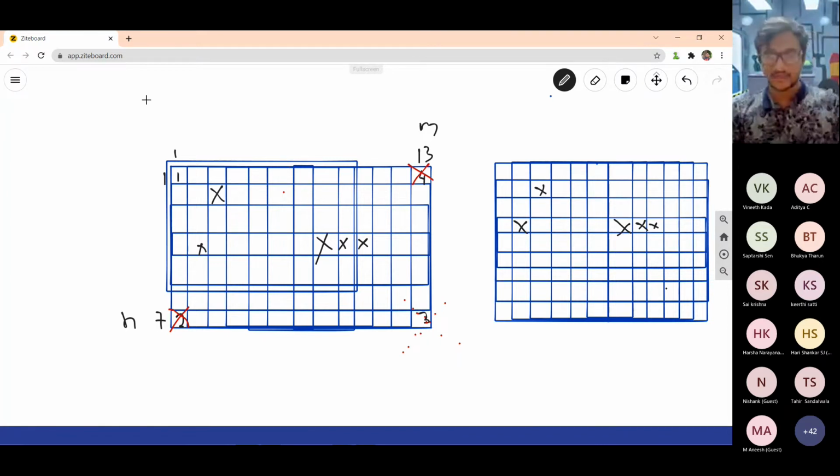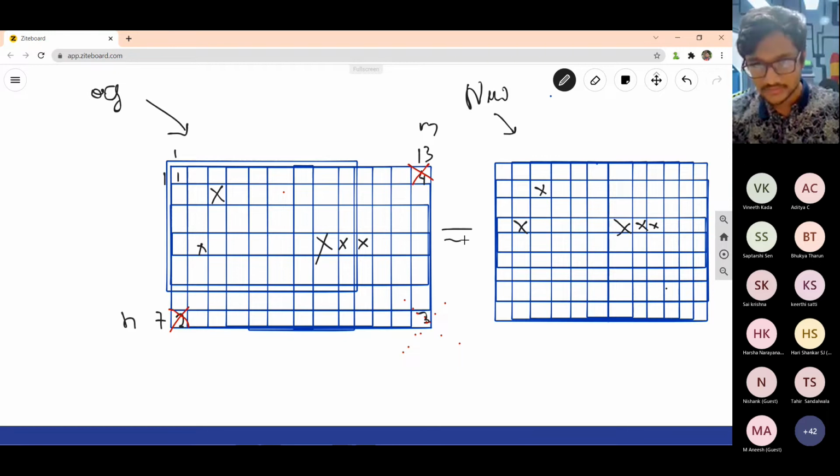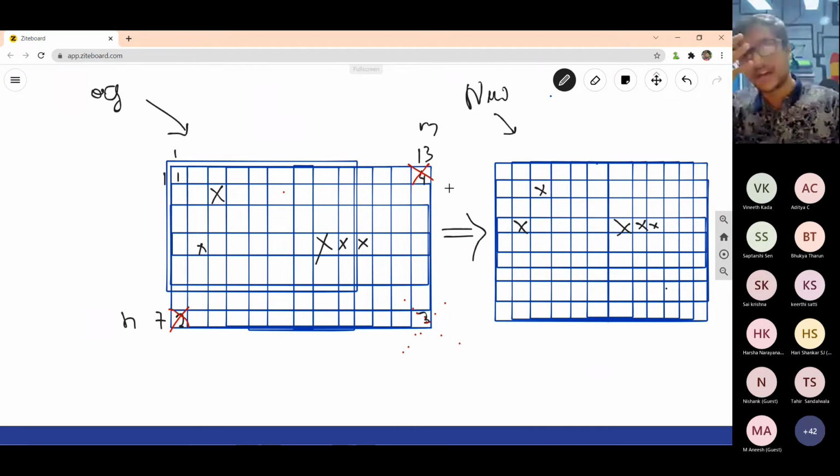So this is the original grid on the left side. We want to look at it in some different way, such that one move of changing a subrectangle in the original grid changes only a few cells in the new grid. So we will apply some transformation. It's a bit counterintuitive, I definitely get it, but these are concepts which are a bit difficult to think of, but if you know them, you can apply them in more and more problems.